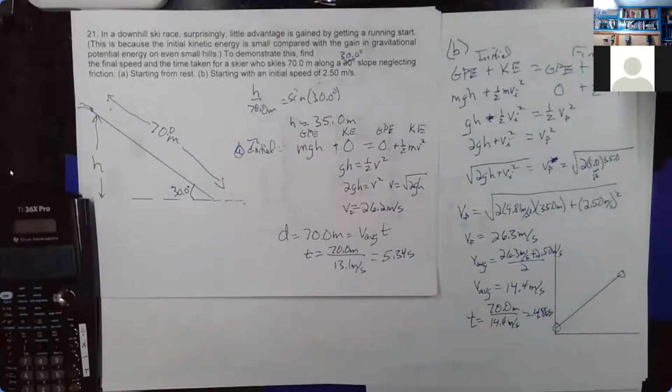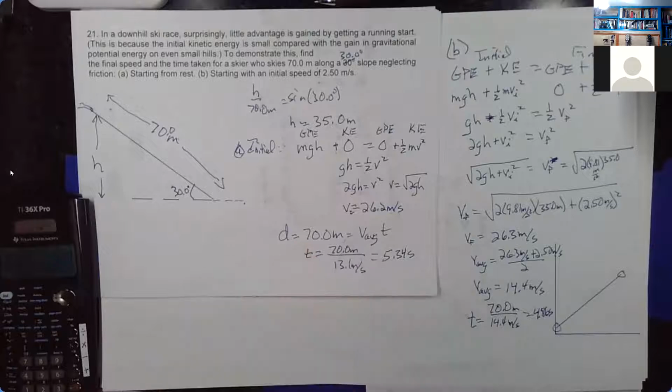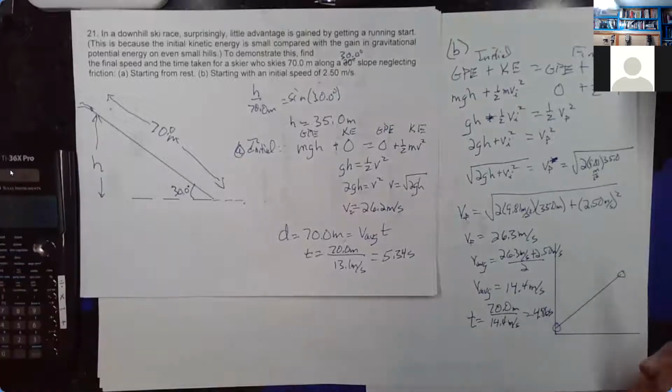Actually, that's somewhat significant, the time, because in the ski races, sometimes people will win by a few hundredths of a second. The speed at the bottom was not that much greater, but the average speed was enough higher to matter, although they do not have just 70-meter races, and they're not just straight down a hill either, so that's not going to be all that big.